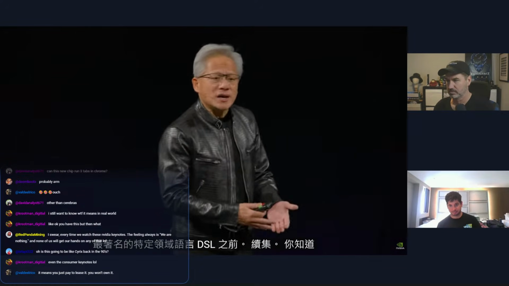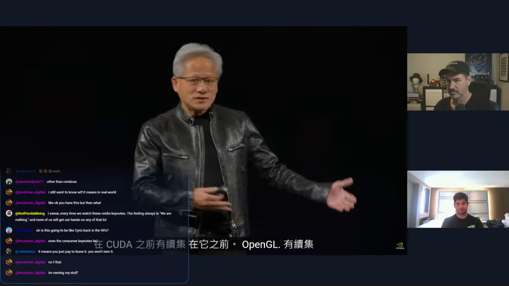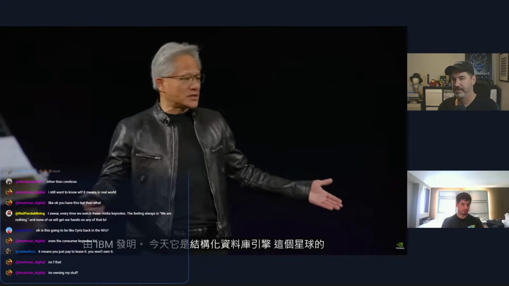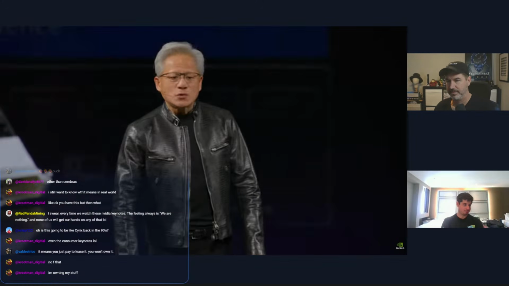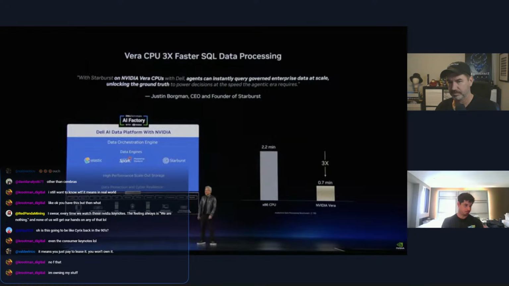Before OpenGL, there was SQL, invented by IBM. Today, it is the structured database engine of the planet. Everybody uses SQL. This is SQL running 3 times faster. Not 10% faster, not 25% faster, 3 times faster. Incredible.